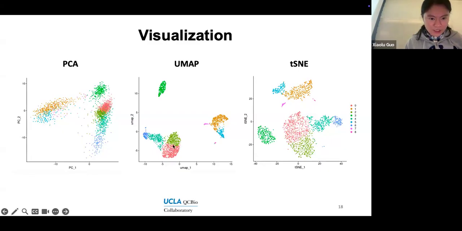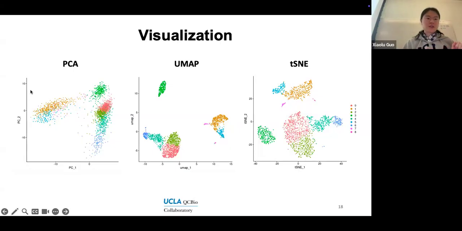you can see they are very distinct on the edge, so they are not overlapping that much in the UMAP visualization. And on the other side, the t-SNE is spreading out. Like we mentioned when we introduced PCA, it's just a rotation of the original data space.